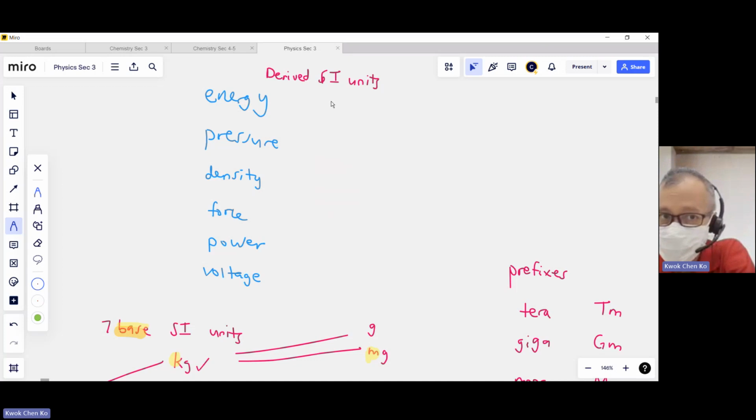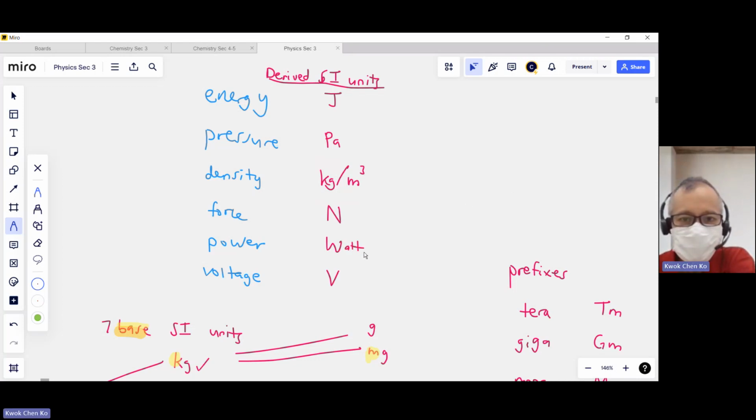However, you need to know the units for each and every one of these, and of course, more others. Energy, as I said earlier, joules. Pressure, Pascal. Density, kg per cubic meter. Force, Newton. Power, watts. Voltage, volts.